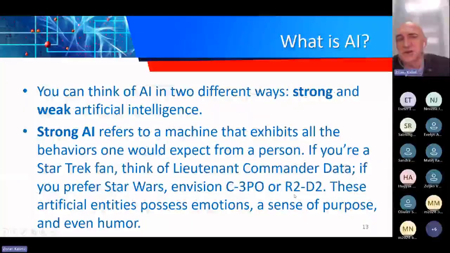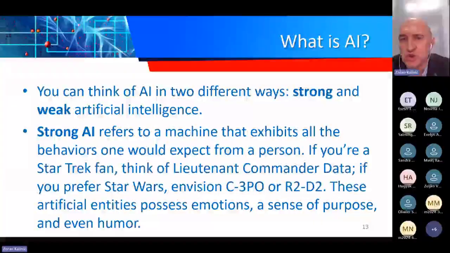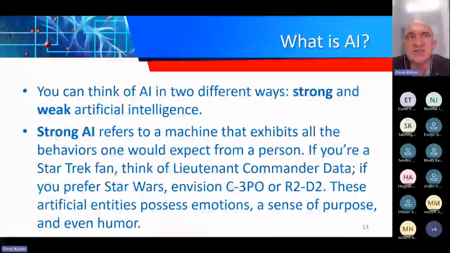There are two sorts of artificial intelligence, strong and weak. Strong artificial intelligence is something that should be considered as intelligence very similar to human intelligence. So it is something that you can see in many science fiction movies.